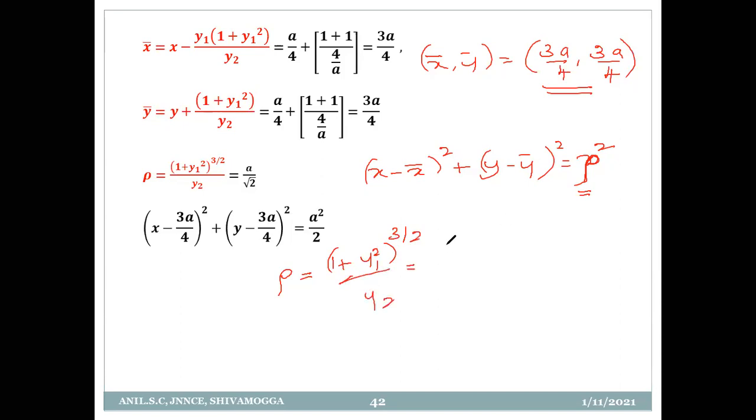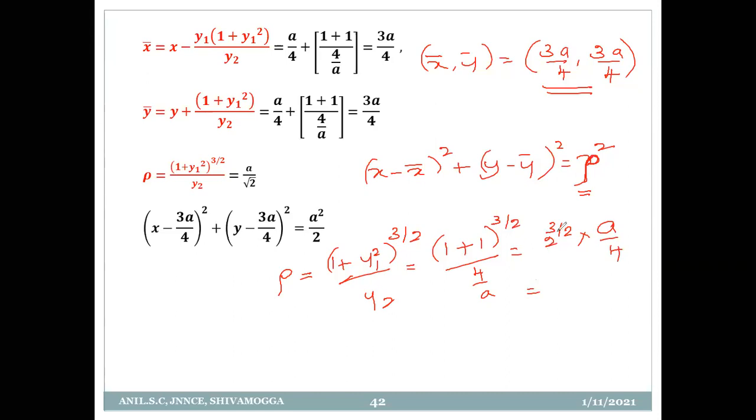Just substitute. 1 plus y1 square, y1 is minus 1, square is plus 1, whole power 3 by 2 divided by y2. Y2 is 4 by a. This is equal to 1 plus 1 is 2, 2 power 3 by 2 into, as this 4 by a is transformed to the numerator, that becomes a divided by 4.